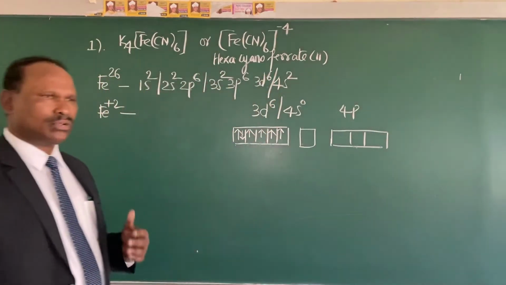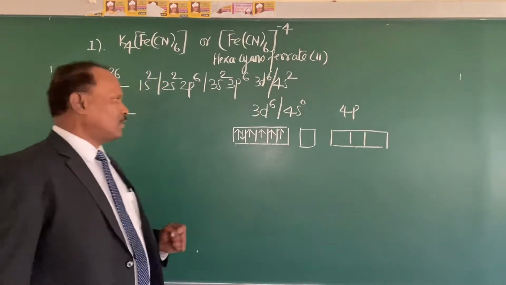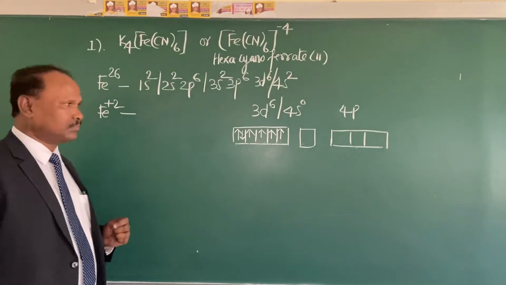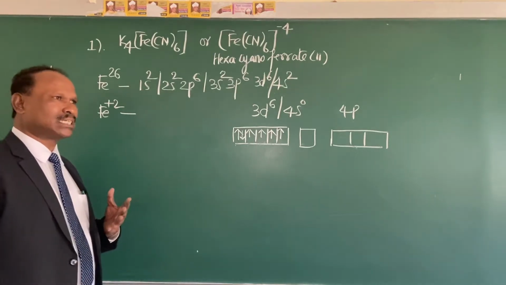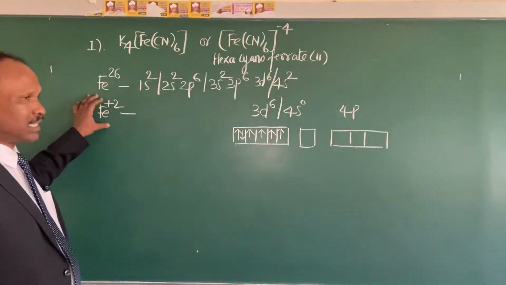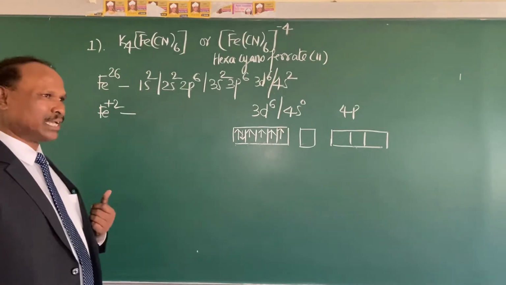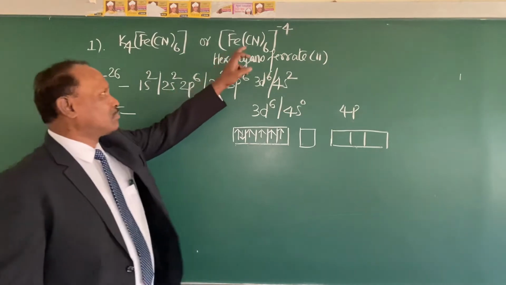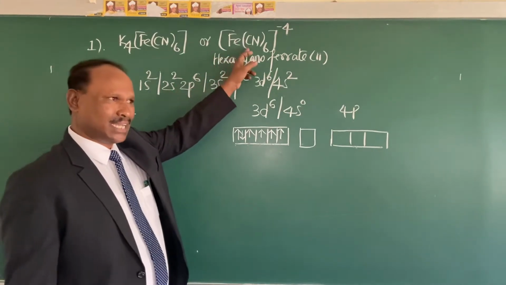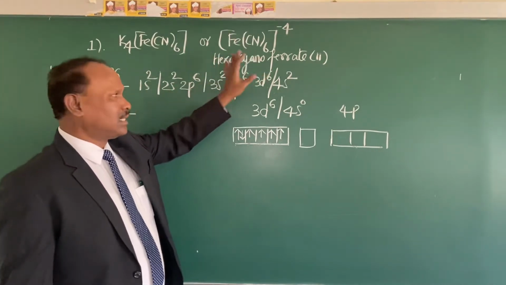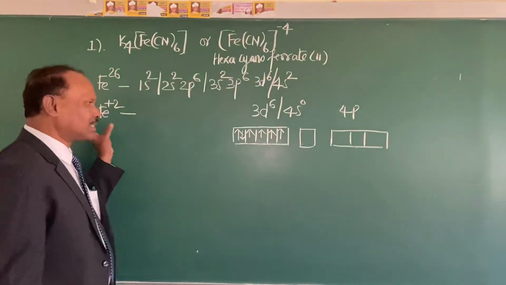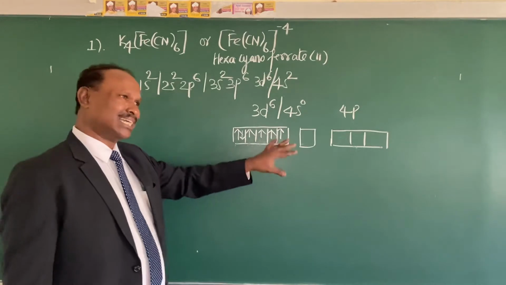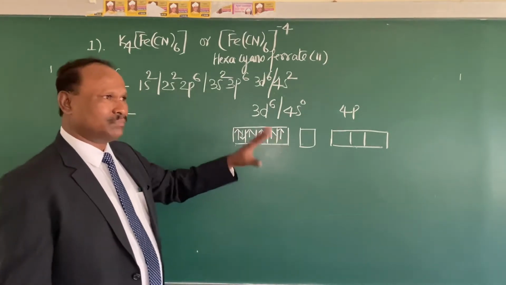Now yesterday you learned, in the presence of a strong ligand field, the unpaired electrons present in the central metal ion get paired up. That means when the strong ligand, for example here the cyanide ligand, which is a strong ligand, approaches this central metal ion, the unpaired electrons present in this metal ion get paired up, which is against Hund's rule.